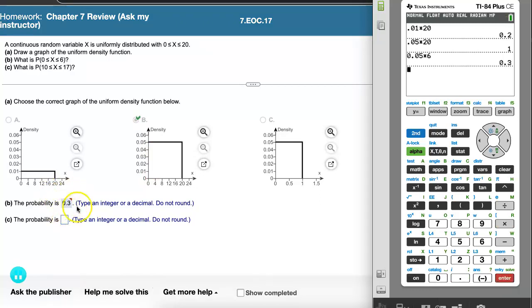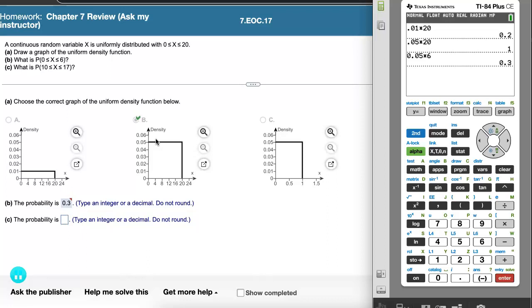And that's how we end up with a probability of 0.3. That area that was in that yellow rectangle I had earlier, the area is the same as the probability of x between 0 and 6.